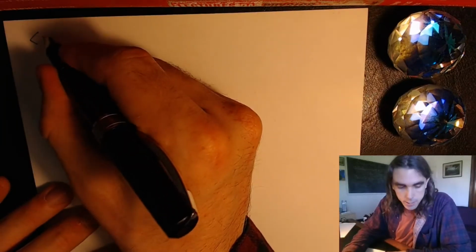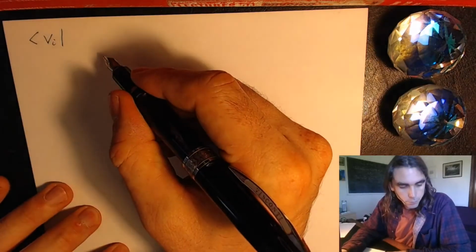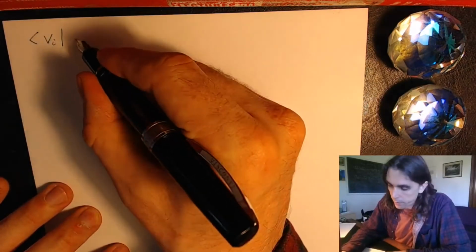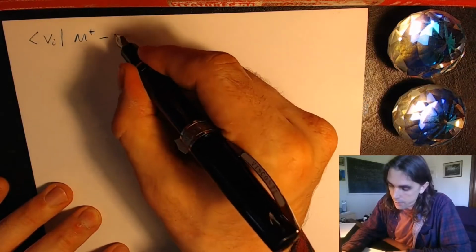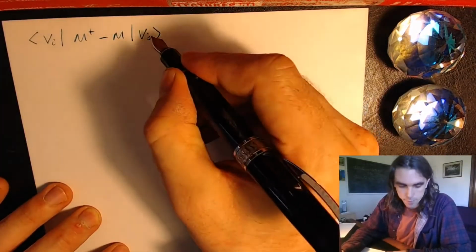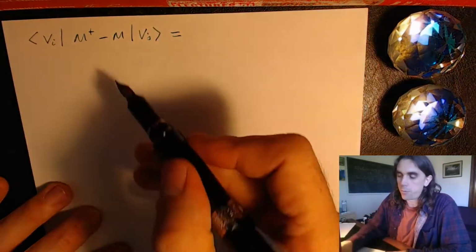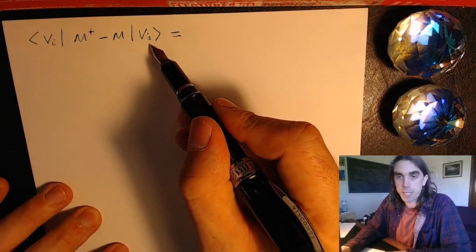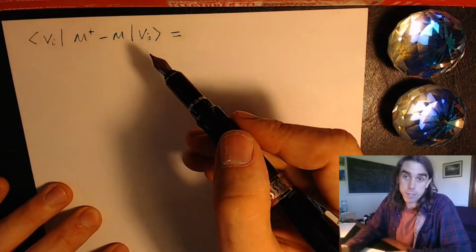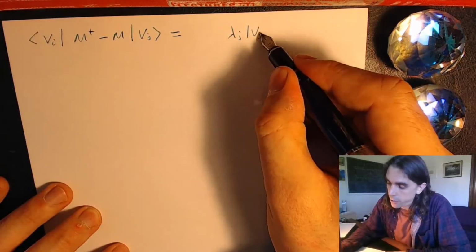We're going to consider v_i dagger acting on (M dagger minus M) v_j. Okay, so just as before, M acting on v_j is going to, by definition, equal lambda_j v_j.